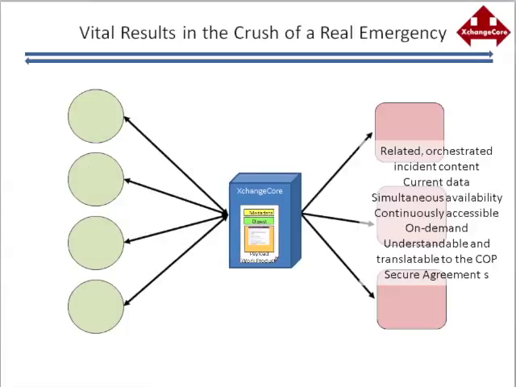Related, orchestrated incident content. I know where I can go grab that. I've got current data, simultaneously. It's continuously accessible to me on demand. I can go out there and hit that anytime I want to. And I'm able to move that information both into other applications, into a COP, and provide that through the secure agreements that we've talked about.